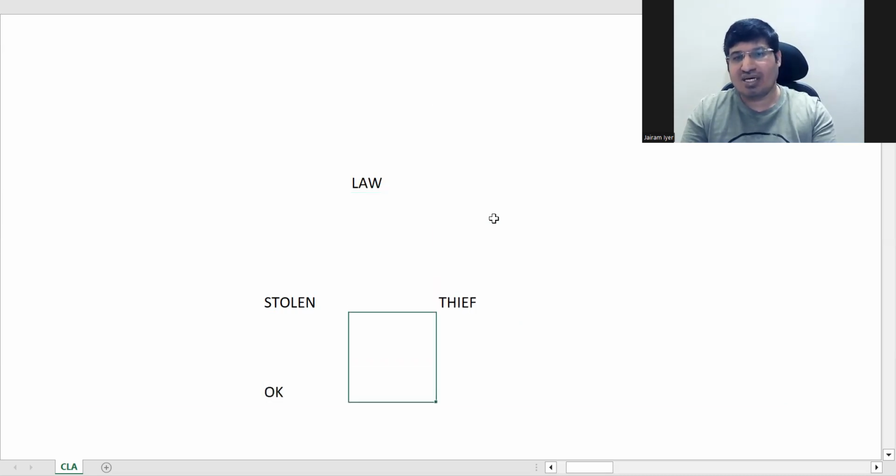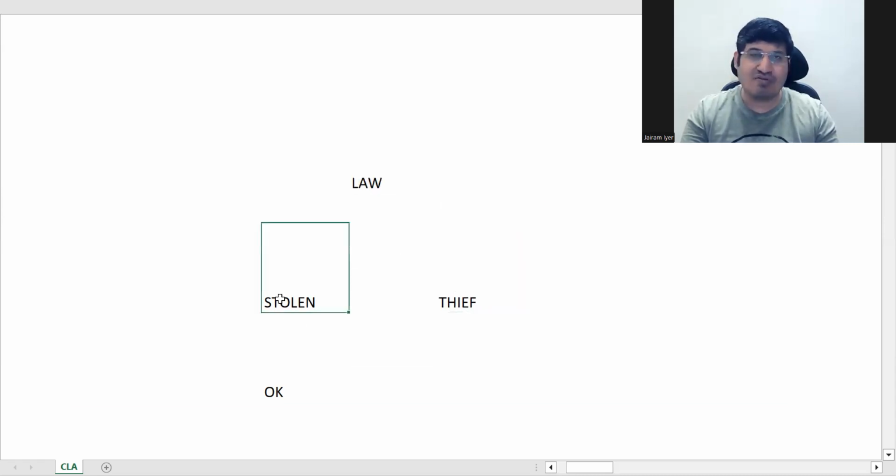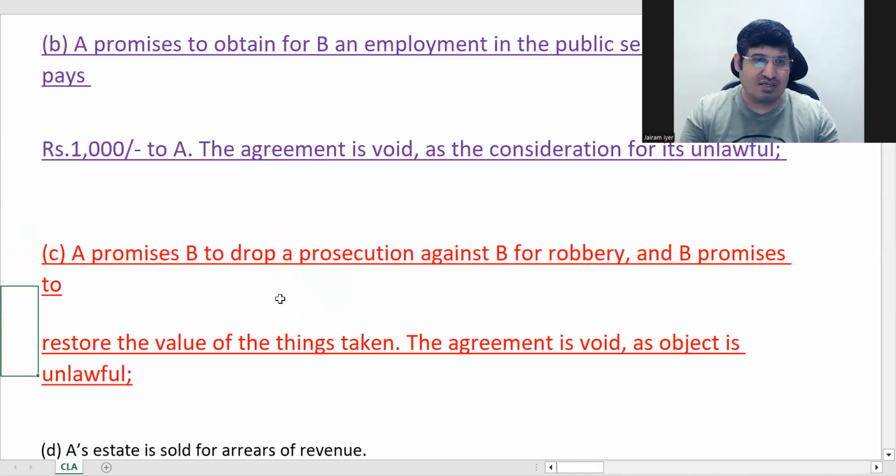For the law, he has done an illegal thing, right? Whether he returns it or not, the law will proceed against him. And when the law proceeds against him, whatever proof they want from him, they will want. So when anything illegal has been done, you cannot just put it back in the same place and say everything is fine. You have still stolen it, correct? Even if you have returned it, before that you have stolen it. For that, you will be charged. Fine.